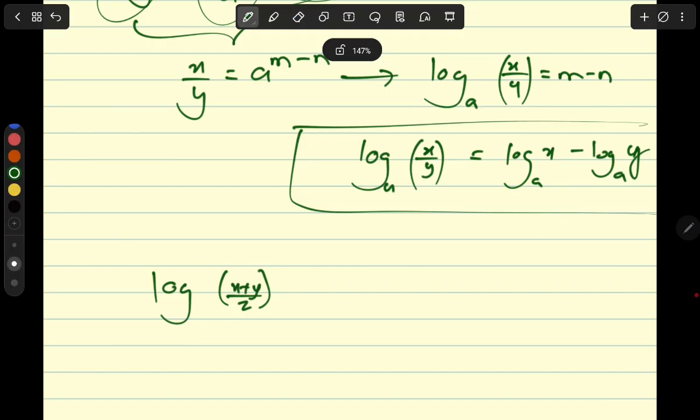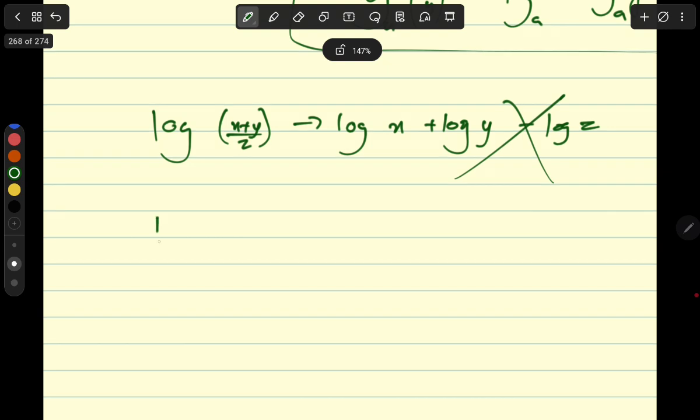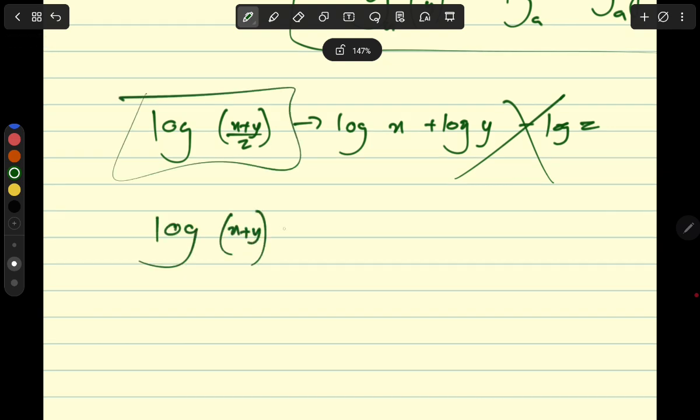Can I write this as log x plus log y minus log z? Half of you will say yes, but no, because the numerator isn't multiplication, it's addition. So that's a big cross. Instead we can rewrite this as log of x plus y minus log z.